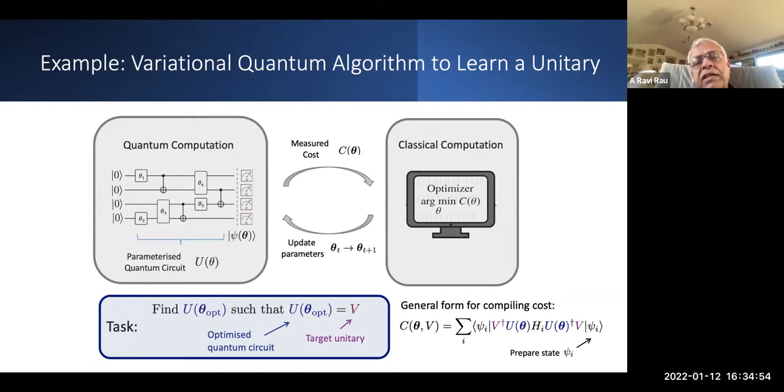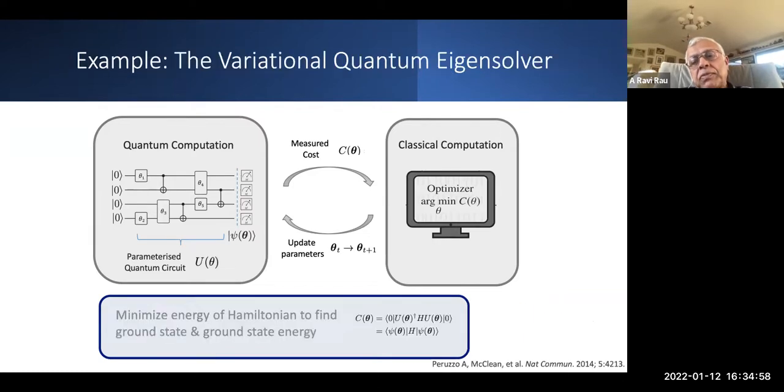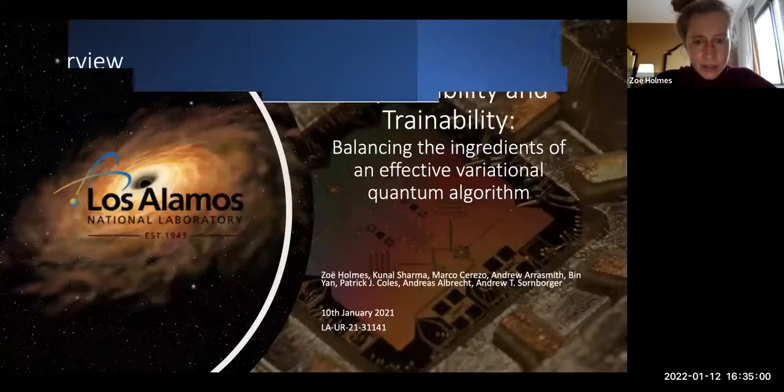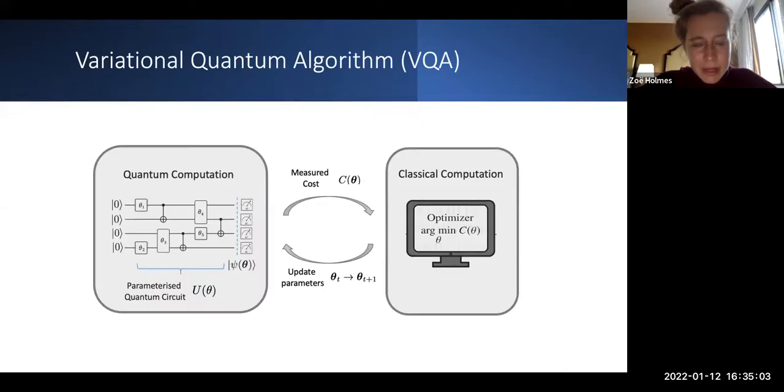But I'm saying that neither theta nor U of theta need be variationally accurate. Let me go back even further. Okay, so here, what you do is the classical computer tells the quantum computer what parameters to run this circuit with respect to. And that prepares some state psi of theta. Right. And then that psi of theta is measured. Right. And that psi of theta will give cost of theta.